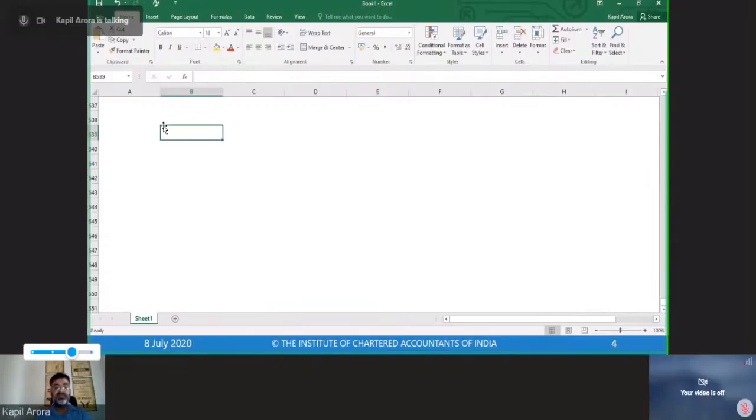For example, one is from the operation. It means when you are running the business, you are paying off your creditors, you are purchasing, you are selling, you are getting money from debtors, paying salaries and everything. All these come under operation.